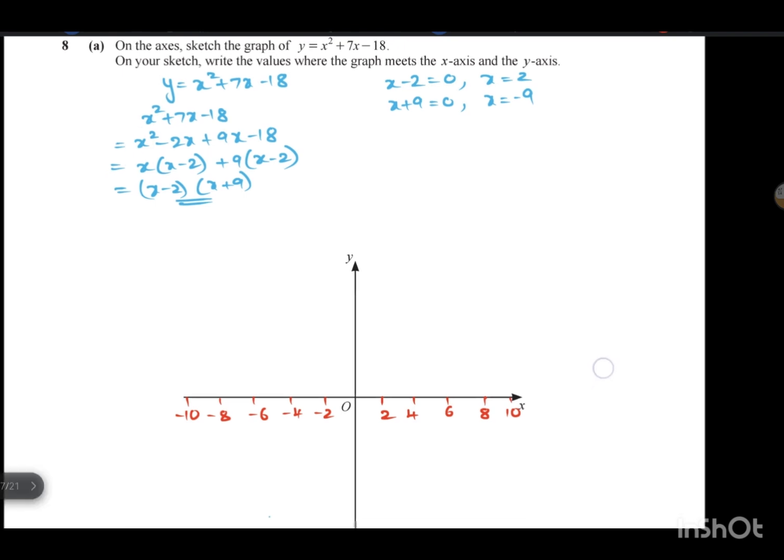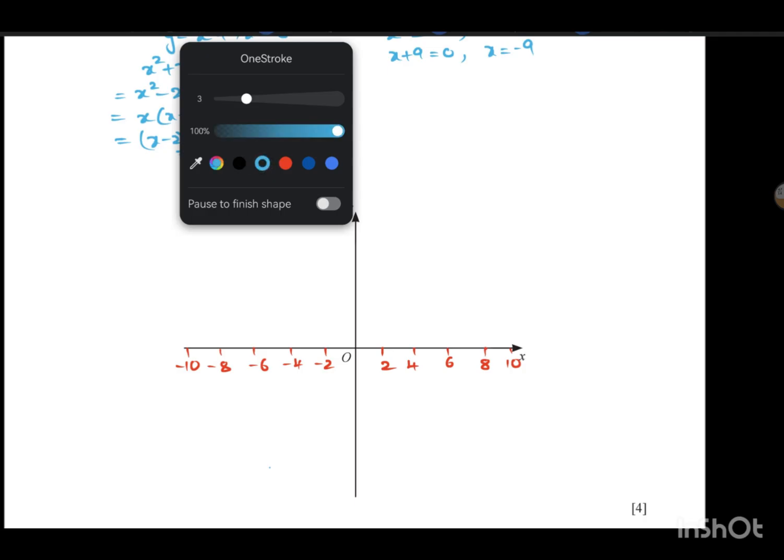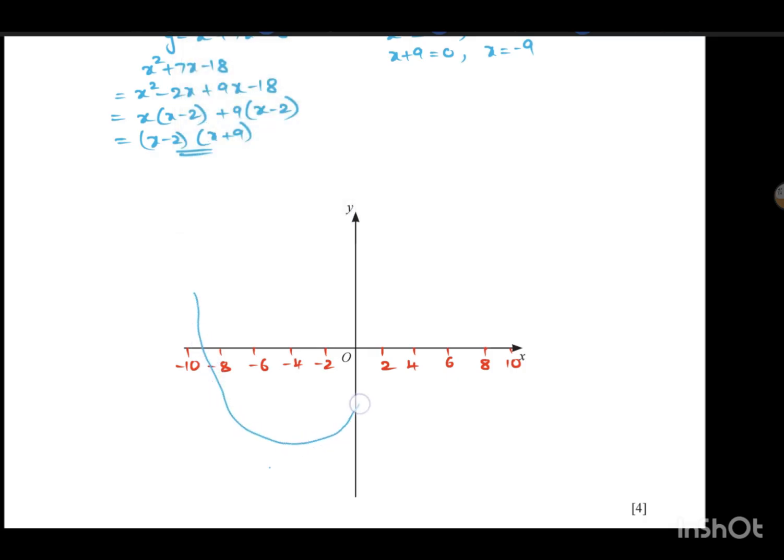Now try to draw the graph. Yeah, this will be the graph.